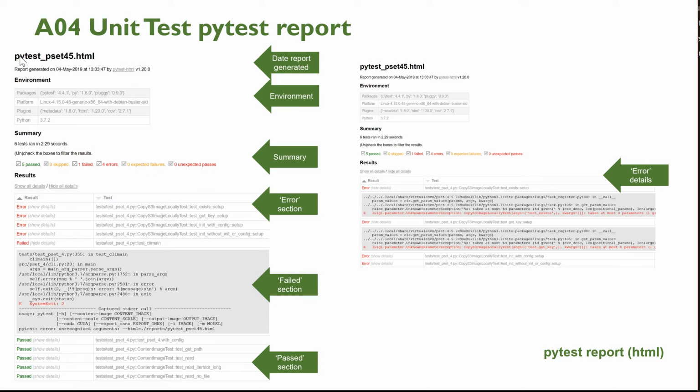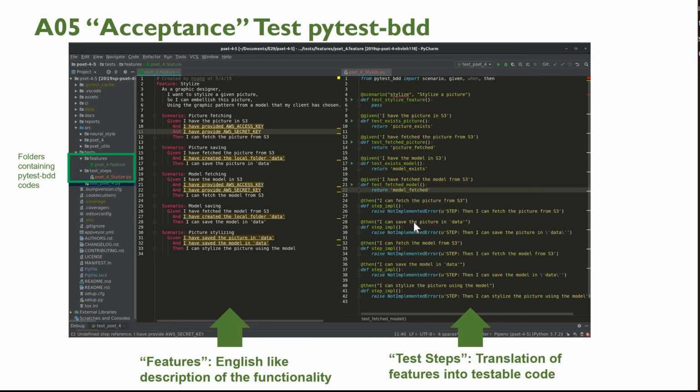It can have the evidence of when the report was generated, the environment, a summary of the test. There are a couple of sections here: the error section, the failure section, and the section where the test has passed. And here is a zoom in to one section of the error, which would tell me where it found errors and so on and so forth.